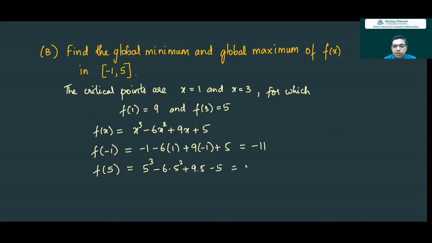So we get 125 minus 150 plus 45 plus 5, which is 25.